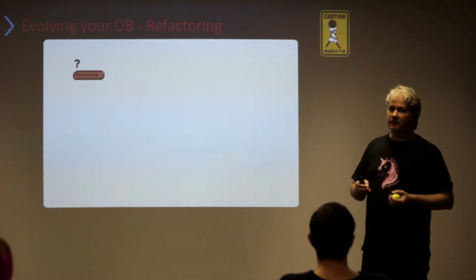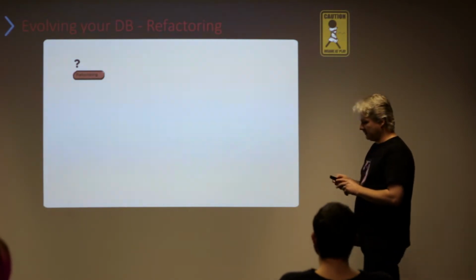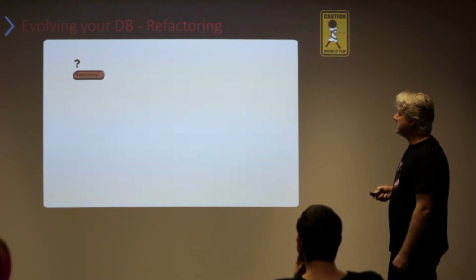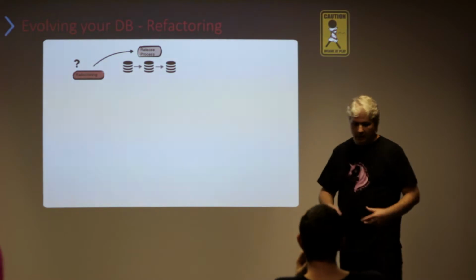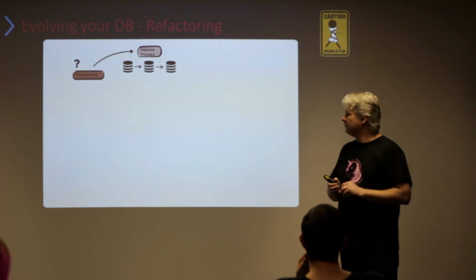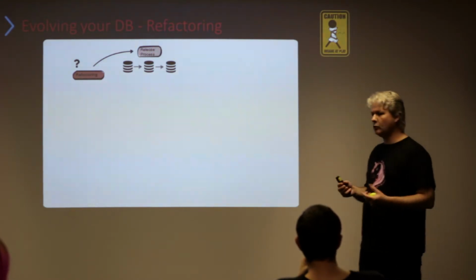Database refactoring, unfortunately, is a little bit more tricky, and we have to think about a few more pieces before we can actually get into this style of database refactoring. Right, so the first thing we have to look at is we need to start considering a little bit more of a release process, because the database is kind of an all-pervasive thing.